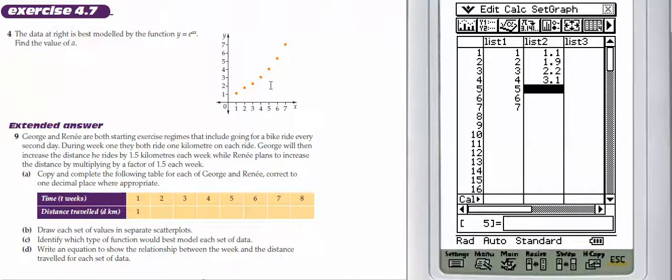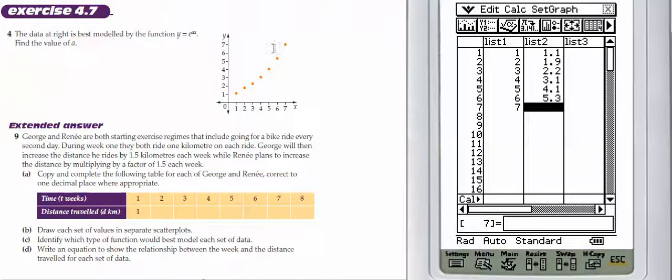When x equals 5, y equals a little bit above 4, I'm going to say 4.1. When x equals 6, it's well above 5, I think about 5.3. And when x equals 7, it's a little bit above 7, or is it?